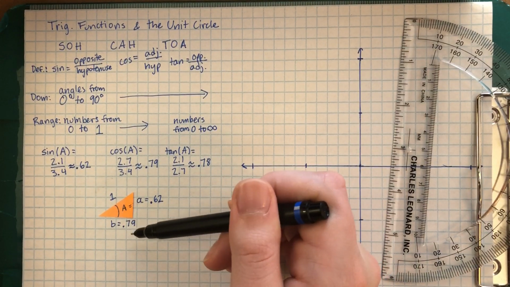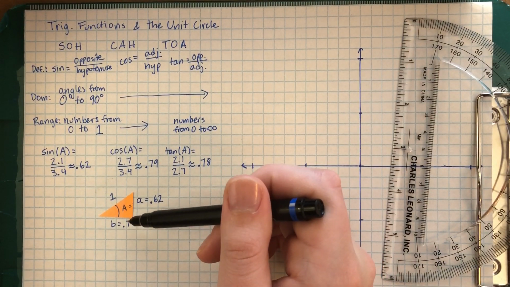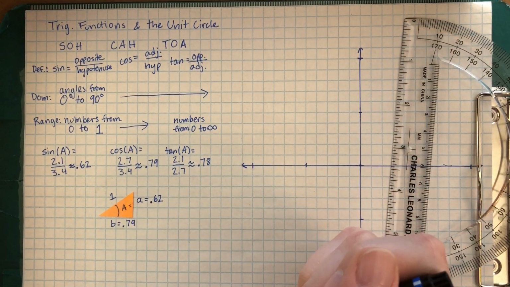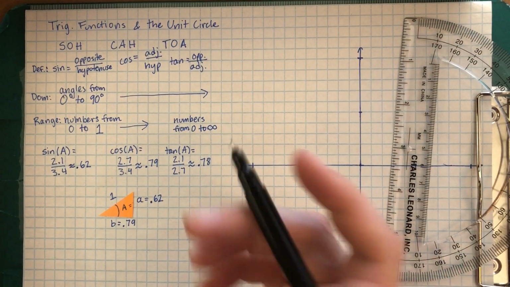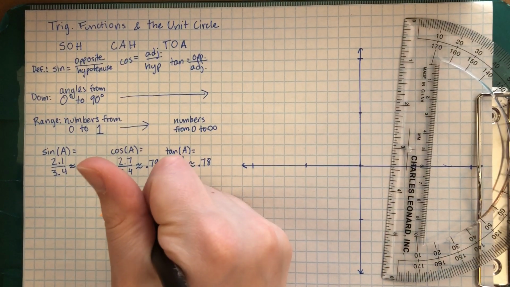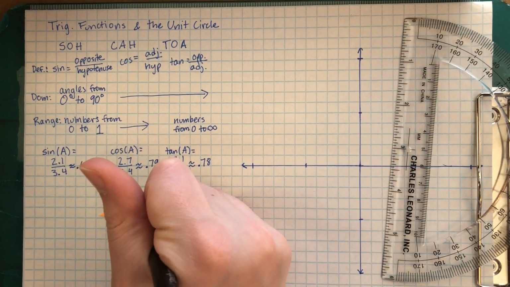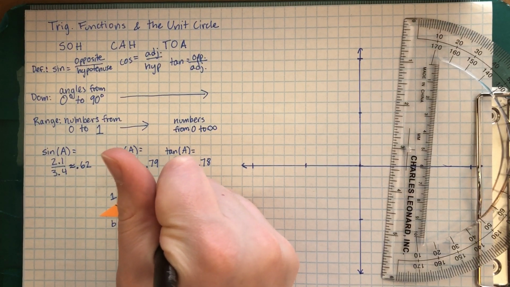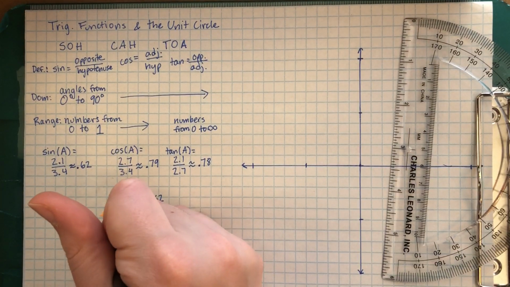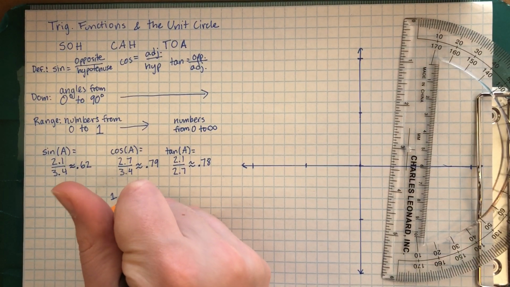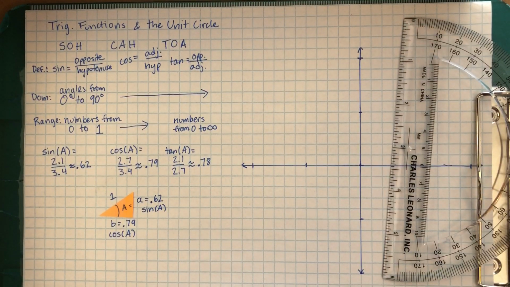The cosine of A should still be 0.79, so that means it's 0.79 over 1. So once I cut the hypotenuse to be 1, this side length is just equal to the sine of the angle, and this side length is just equal to the cosine of the angle.